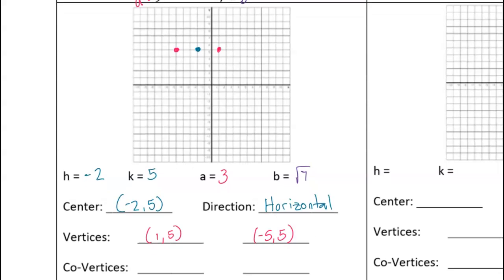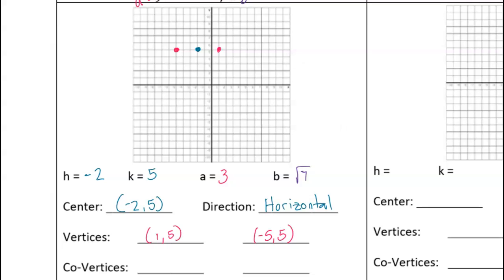And remember, my B value is tricky on a hyperbola because it's not technically a point on my hyperbola. What it does is it creates the top and bottom edges of the box that's created for a hyperbola. I know that the square root of 7 is really close to 2.65.